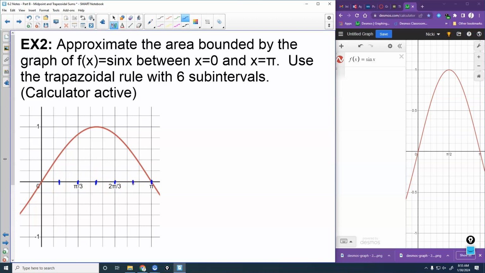Still probably better than my hand-drawn graph there. So this would be pi over 6. This would be 2 pi over 6, which reduces to pi over 3. This would be 3 pi over 6. Let's just write 2 pi over 6 right there. I've got 4 pi over 6. I got 5 pi over 6, and I got 6 pi over 6, right? I think it's a little easier to count up like that.